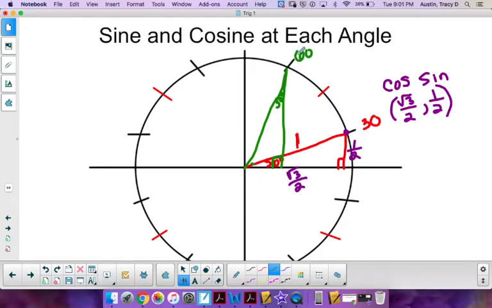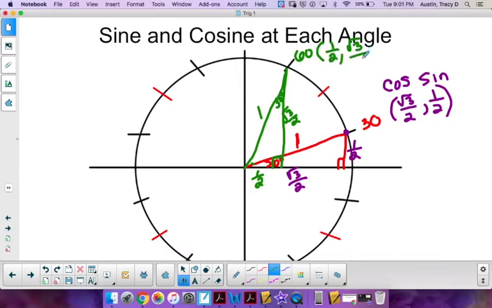It has to go across from the 60-degree mark. So, again, going with that same measurement, if the hypotenuse is 1, across from the 30 is a half. That would be my x value this time. And across from the 60 would be my root 3 over 2. So it's the same exact thing, only backwards.